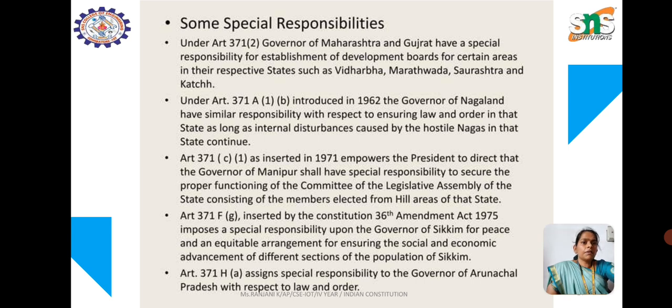The governor of Nagaland has a similar responsibility with respect to law and order in that state. It also empowers the president to direct that the governor of Manipur shall have special responsibilities to secure the proper functioning of the committee. So based on the states, there are certain rules and responsibilities to maintain.